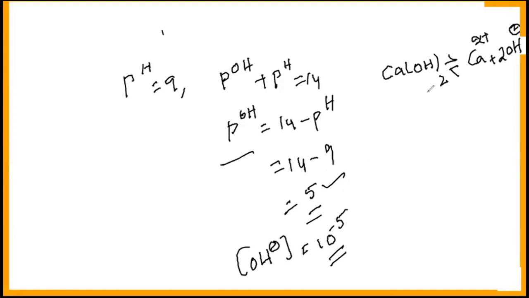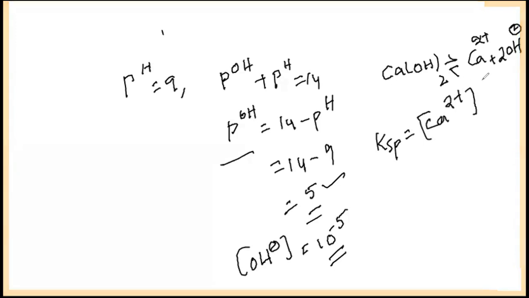Ca plus 2OH minus we can take. Now here if you write KSP is equal to concentration of Ca2 plus into concentration of OH minus to the power 2.